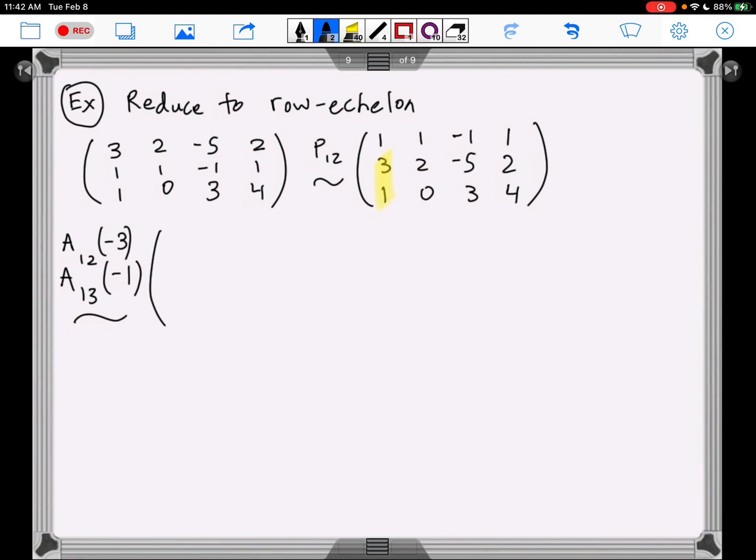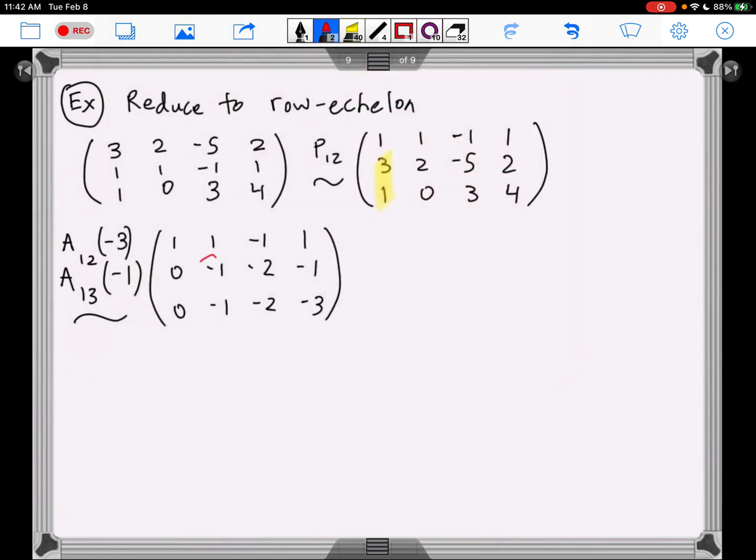Okay, so we get 1, 1, negative 1, 1. And then we get 0, negative 1, negative 2, negative 1. And then we get 0, negative 1, negative 2, and negative 3. So we've got our zeros there.